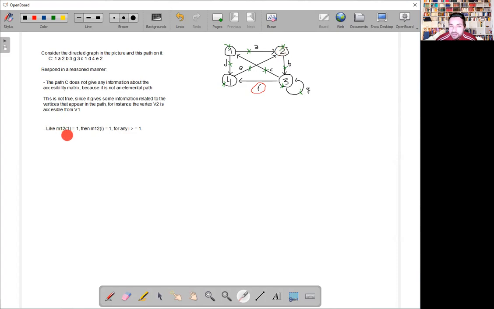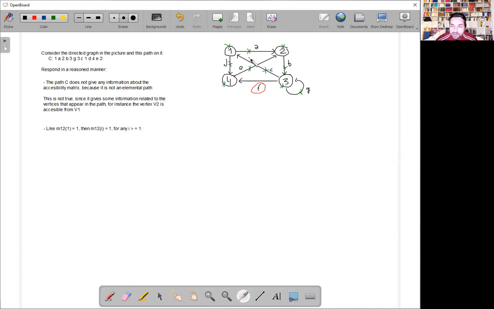And as you can see, this already contradicts the first question, because here, again, we have some information related to the accessibility matrix. So what they are asking is, if there is a path of length 1 between 1 and 2, they say that there is a path of any length between 1 and 2.